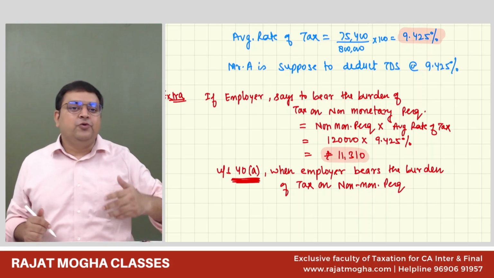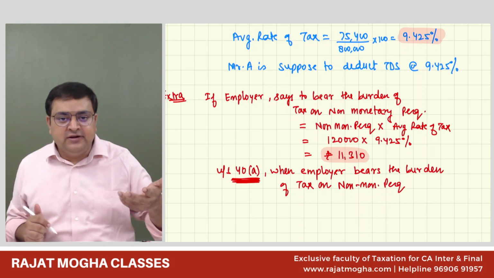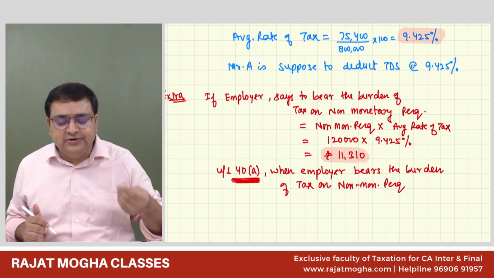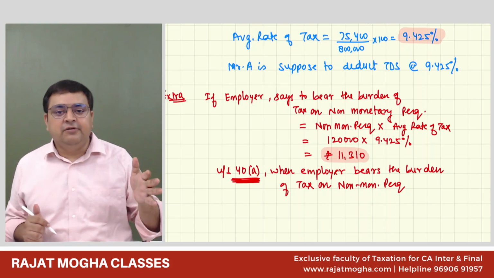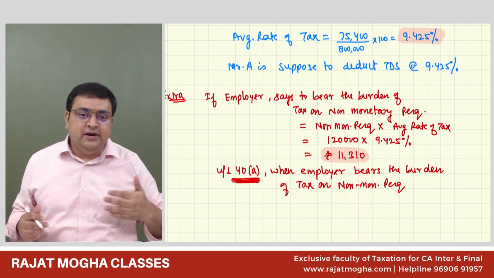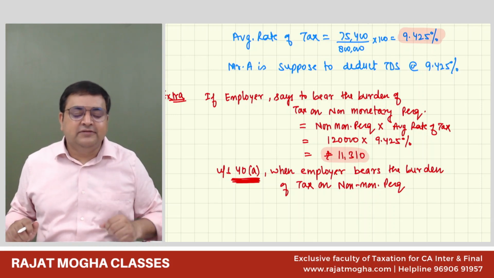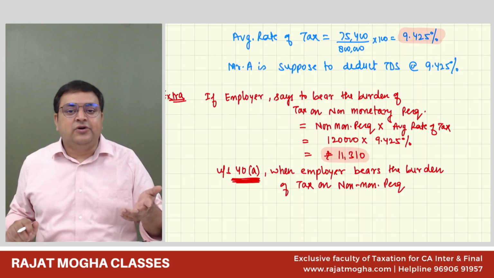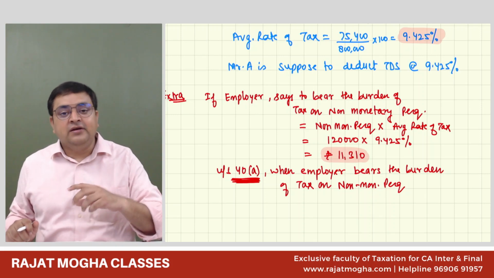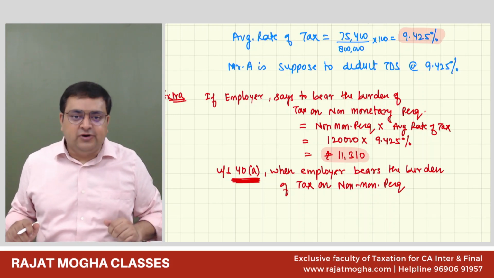Whenever you are paying outside India, if you have not deducted the TDS on time, you have not deposited the TDS on time, 100% will be disallowed. If you have paid it to the resident on which TDS is required to be deducted, 30% will be disallowed. Income tax is not allowed. And one of the points was, tax on non-monetary perquisite is not allowed.